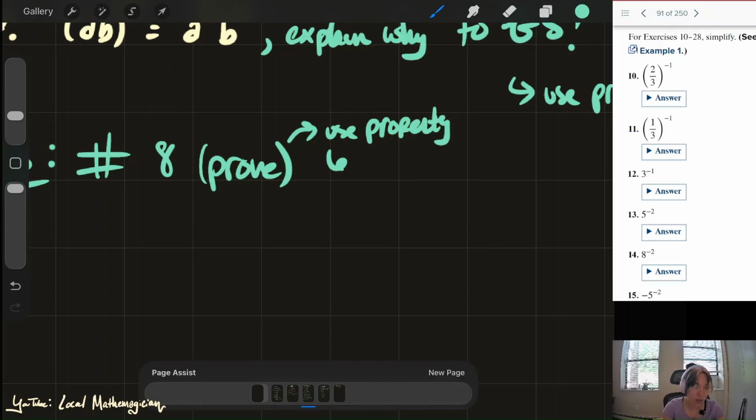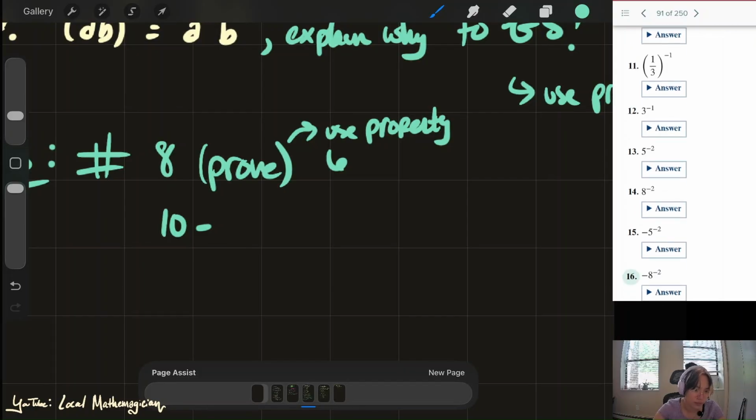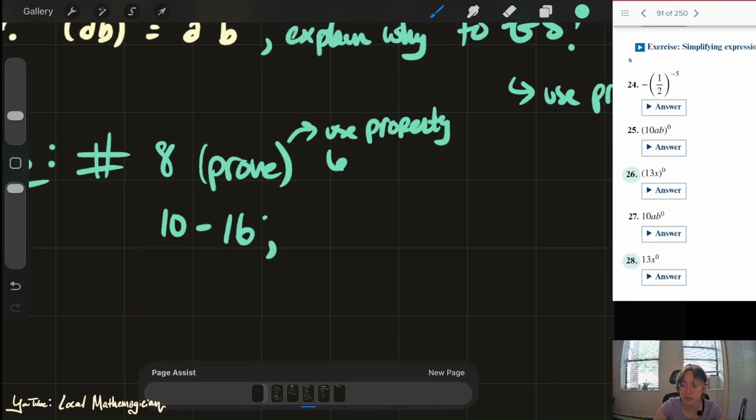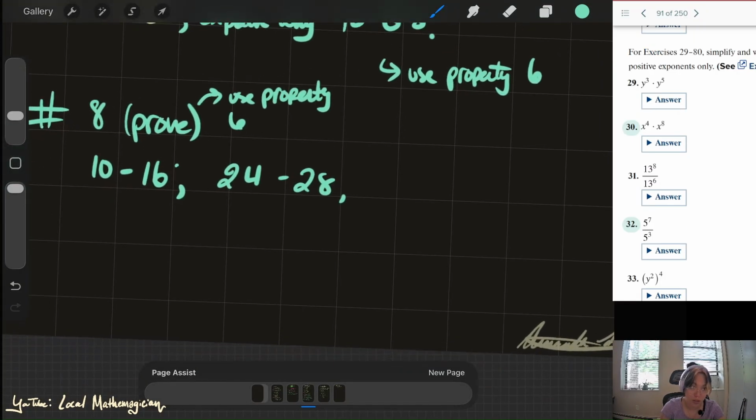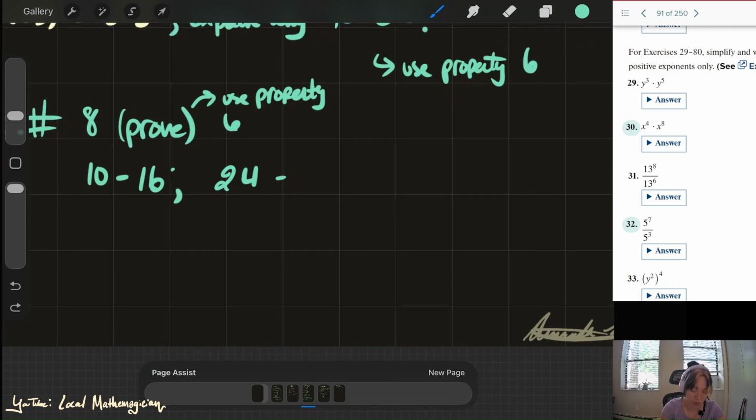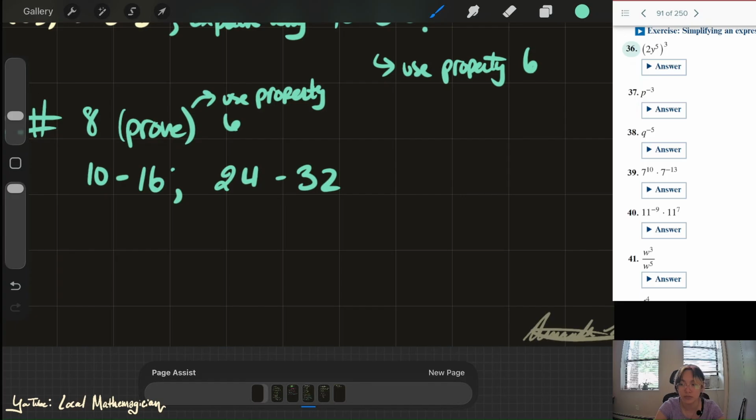I also want you guys to do numbers 10 through 16, 24 through, actually instead of through 28, I want it through 32. And follow their instructions. Their instructions are good. I want 37, 39, 41.